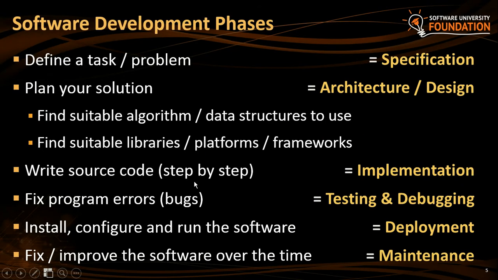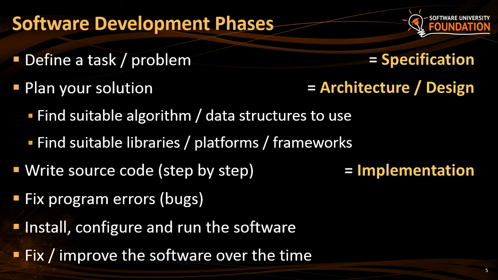So before the maintenance, usually we implement our solution and we enter some bug fixing stage where we test our code and we find some problems in it. Usually this is done by the QA engineers, the people whose job is to find bugs in your software.